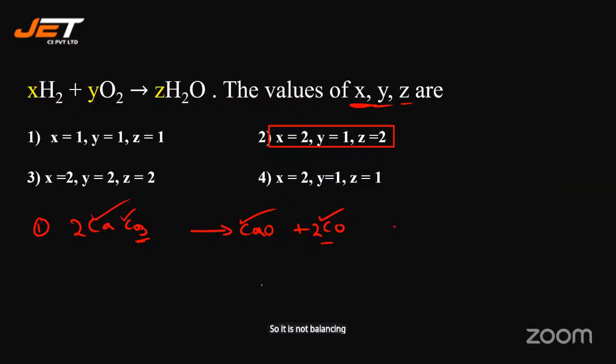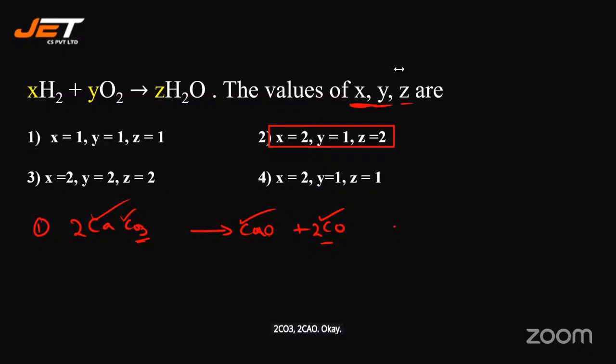How will we balance this equation? Anyone who is confident? Any more answers? 2 CaCO3, 2 CaO.